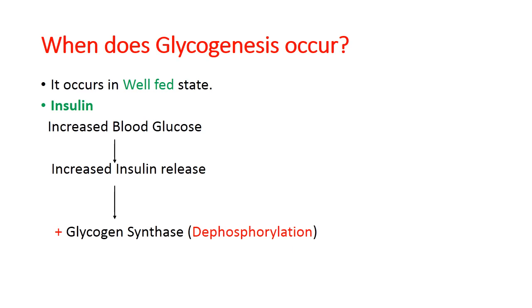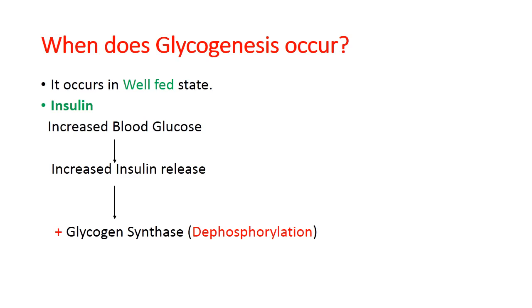What happens? There is an alteration of insulin glucagon ratio, and we can see that insulin is a key regulator. It upregulates the enzyme glycogen synthase, which is the rate limiting enzyme of glycogenesis, via dephosphorylation.